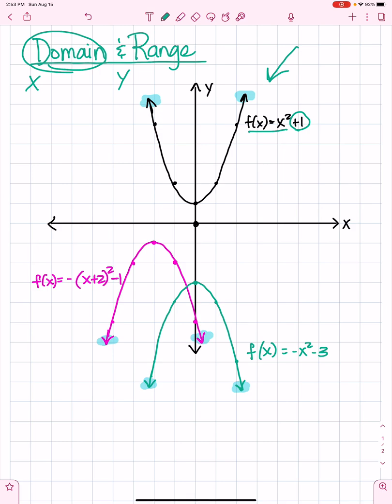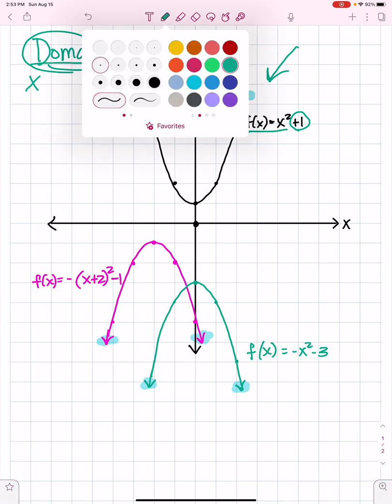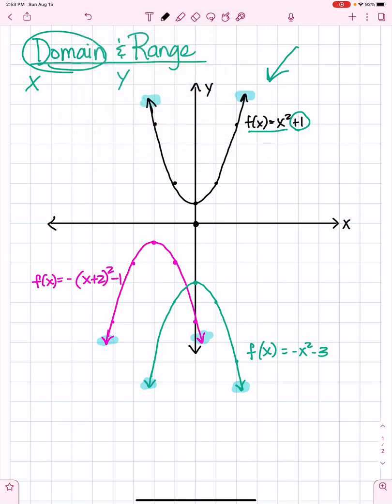So if you'll notice, I'm going off forever this way and this way. Well, as you get closer and closer to infinity in the positive x direction, this graph is going to continue to go up and over. I don't have room to show you what that looks like. It's going to do the same thing to the left.